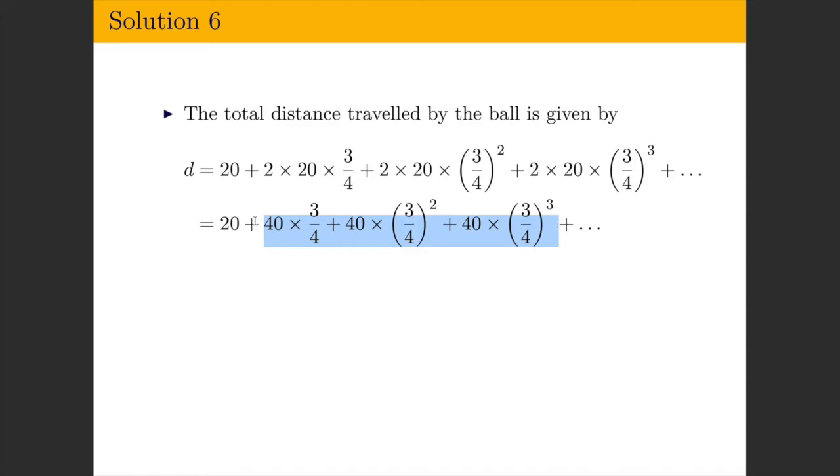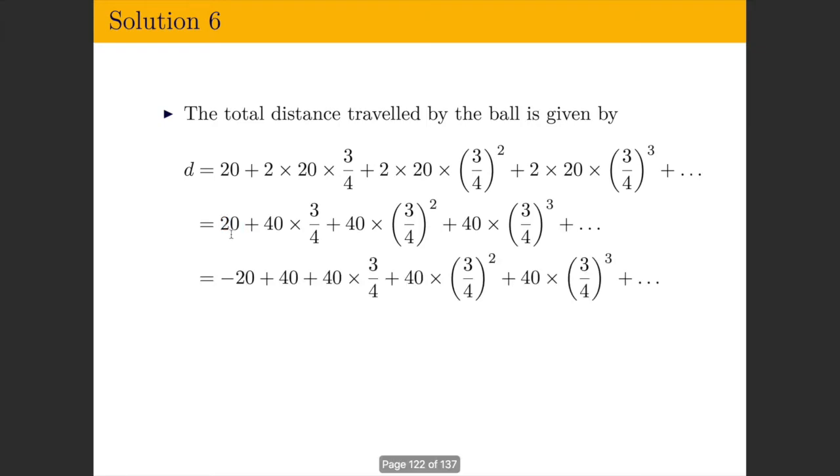The only difference is, ideally we'd want a 40 at the beginning, because this is a and this is our r. We only have a 20, so what I'm going to do strategically is add a 40 in, because now this looks exactly like the sum of a geometric sequence. But I'm going to subtract 20 so that, overall, this negative 20 plus 40 gives me back the original 20.